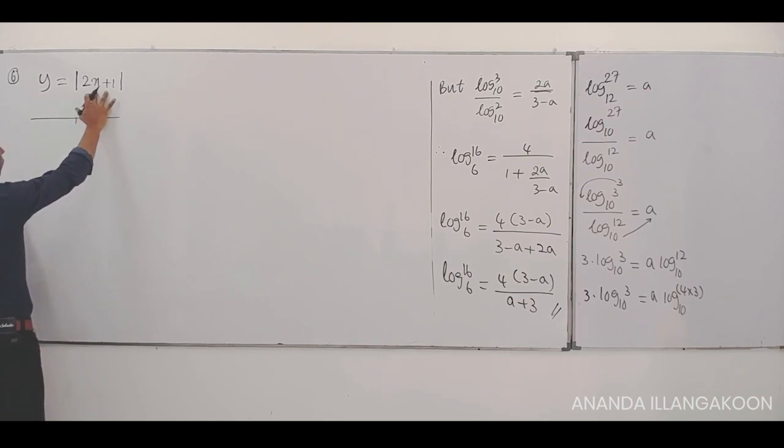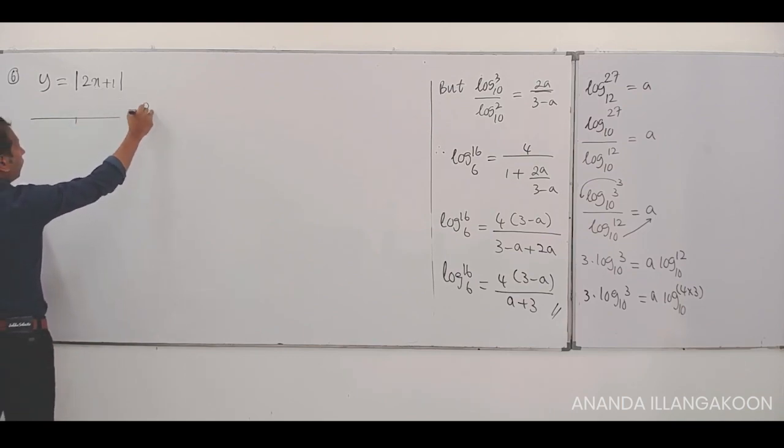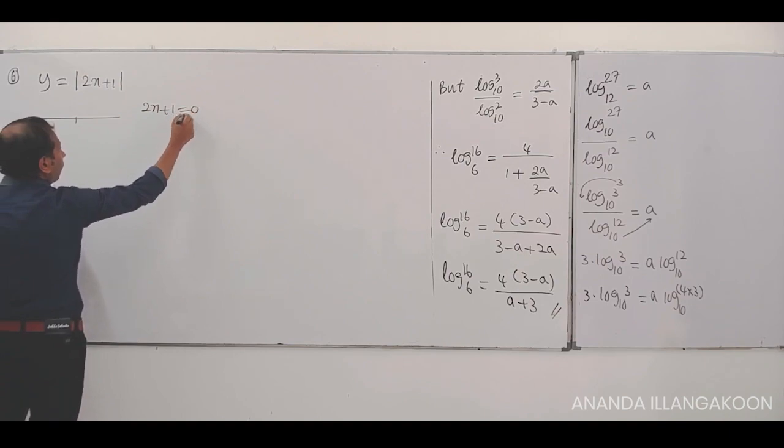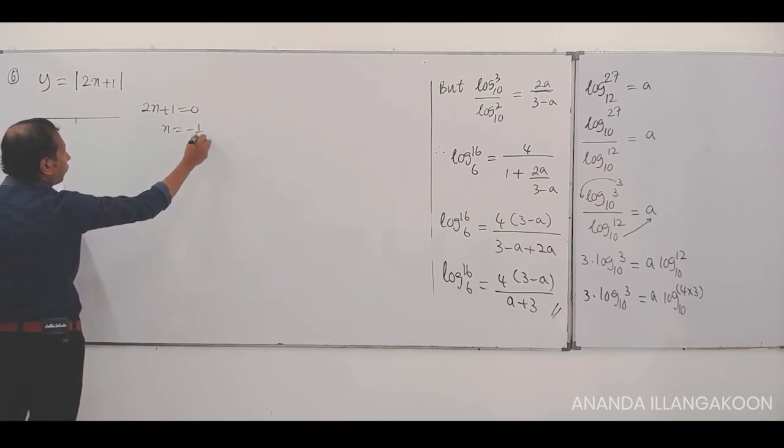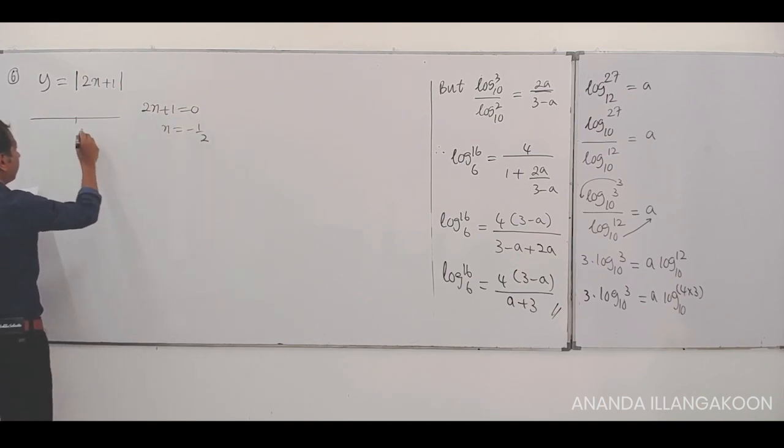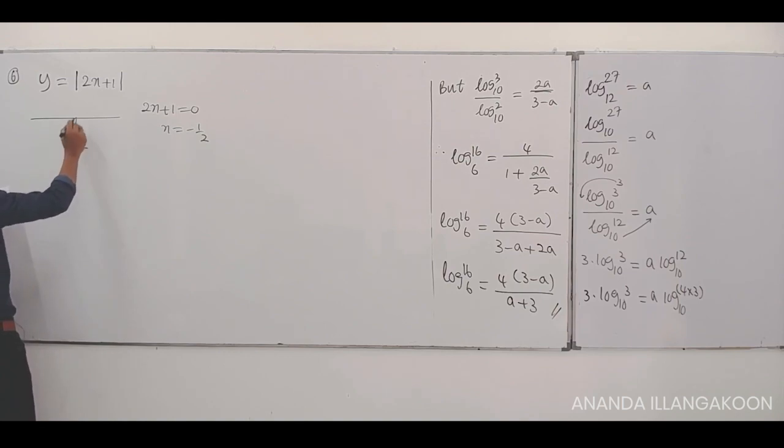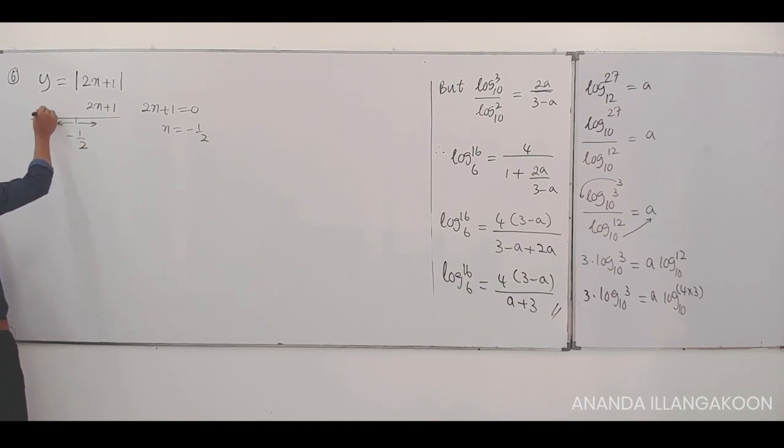When you equate this 2x plus 1 to 0, what is the x value? Minus half. Take the right hand side and divide by 2. Then on the right of minus half, mod 2x plus 1 will take 2x plus 1. Left of minus half, it is minus 2x minus 1.